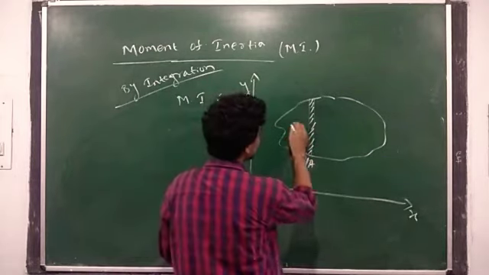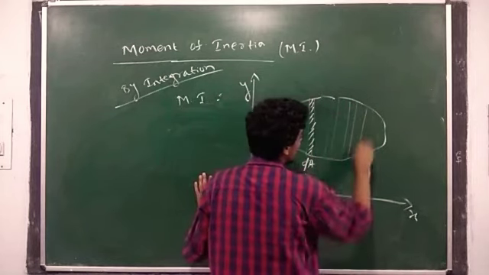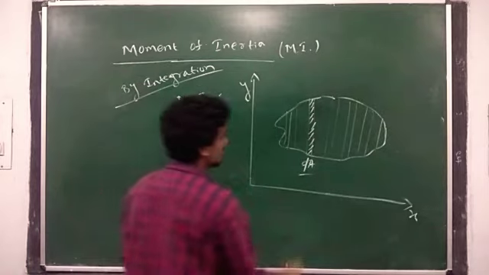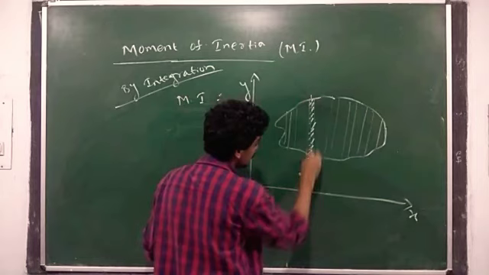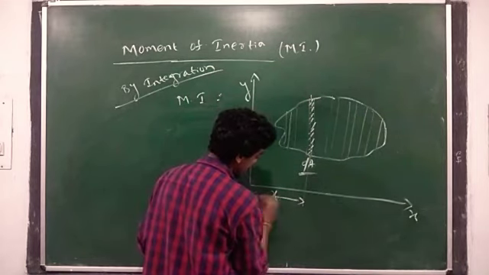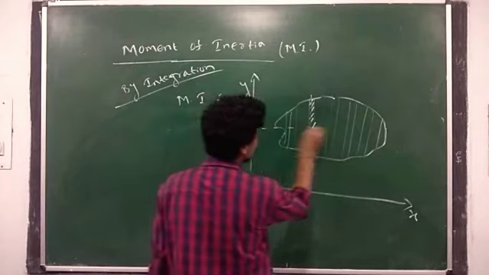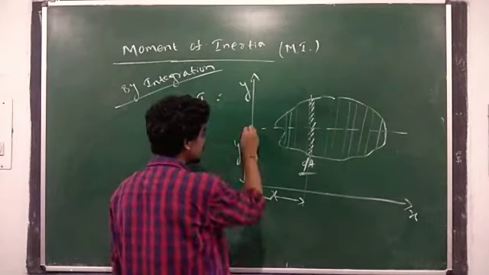So suppose you have divided number of sections like this, dA, dA, dA, all are dA, then after integrating it will give you the total area. So dA, suppose I am taking one section only, dA, and after integrating this, suppose the distance is in horizontal direction, and the center of gravity suppose lies here, and the distance is suppose y.